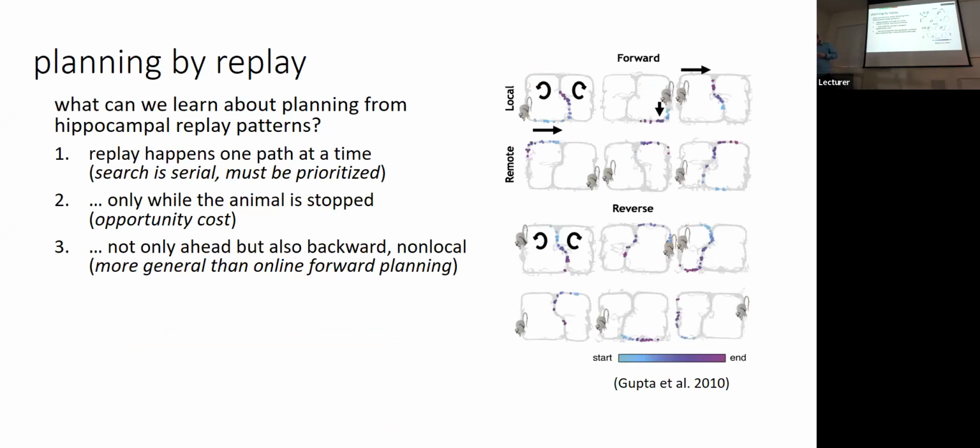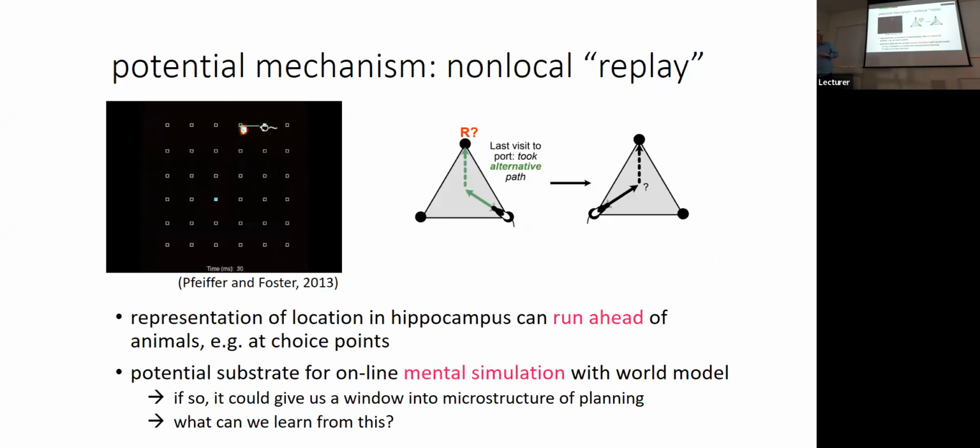I think he raises an interesting point, but I think that's part of what's interesting here. If what you view the function of planning as is not just thinking about what places could I get to from where I am, but how do I spread information about reward around the world? In particular, if I'm the rat in a previous maze, I find a reward at the corner, you could think about how else could I have gotten here, right?